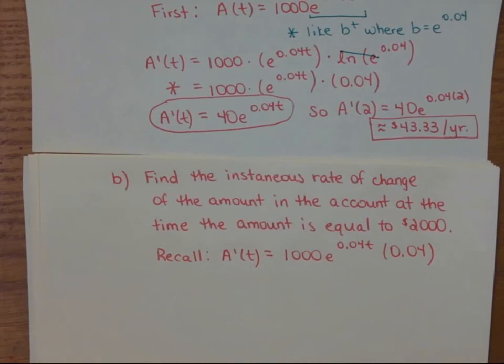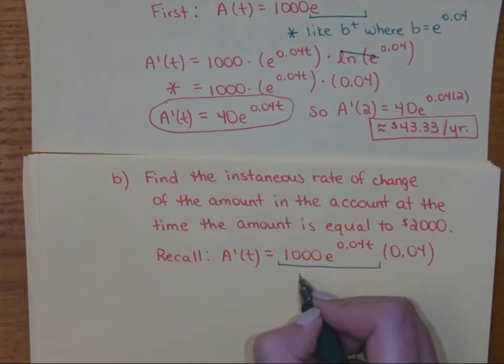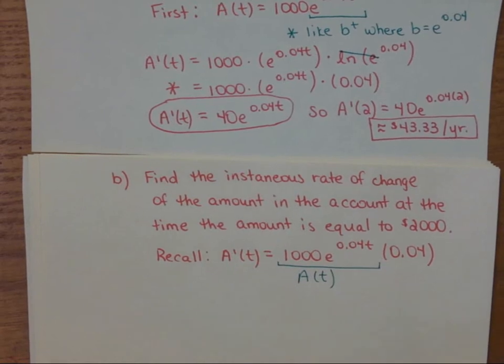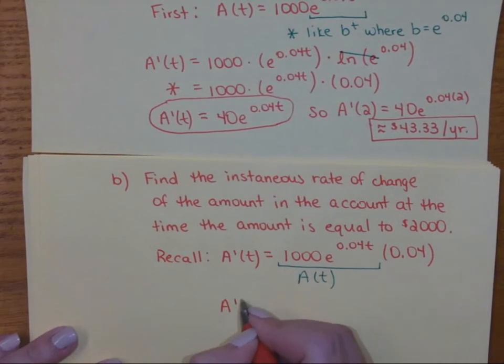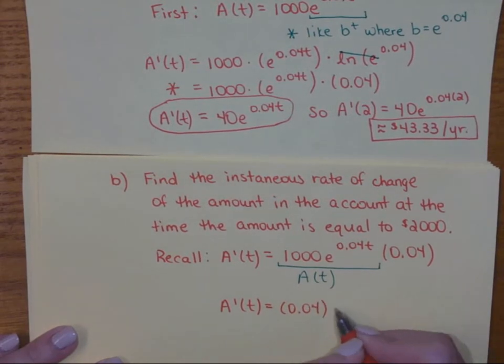Like after we simplified the natural log of e part. But notice that this is just what we started with. So in other words, if we can kind of algebraically simplify this, this is really just 0.04 times the original formula.